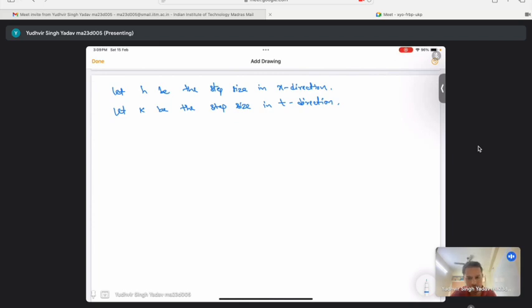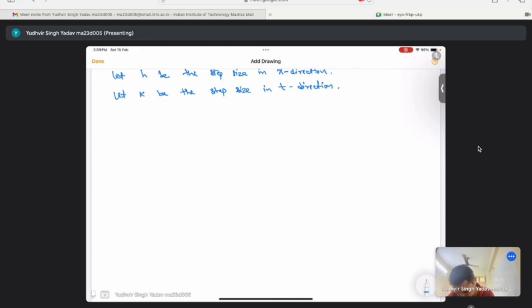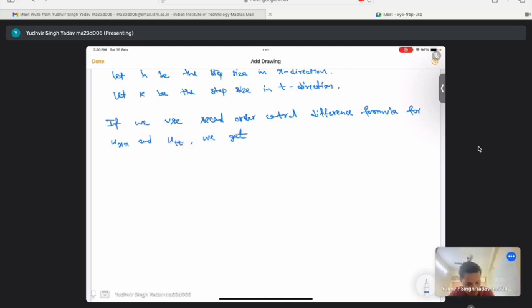Now we will construct the finite difference scheme. If we consider the second order central difference approximation for both time and space, that is, if we use the second order central difference formula for u_xx and u_tt, we will get the scheme.